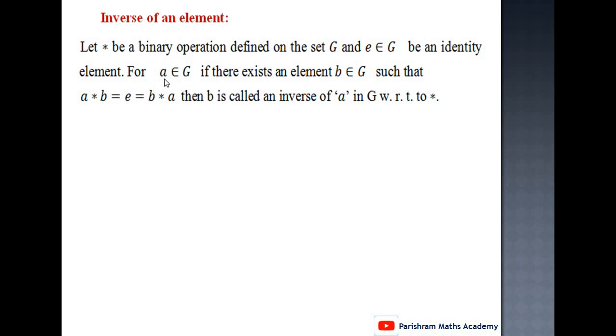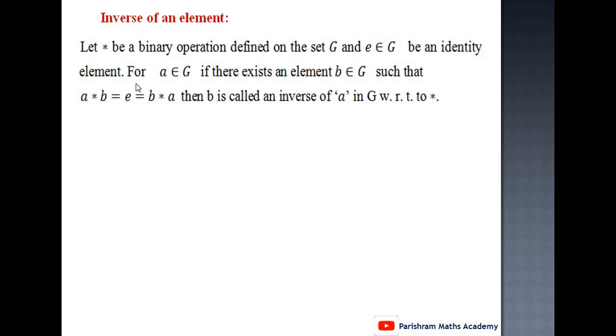Next, definition of inverse of an element. Let star be a binary operation defined on set G and e belongs to G be an identity element. For A belongs to G, if there exists an element B belongs to G such that A star B equal to e equal to B star A, then B is called the inverse of A in G with respect to binary operation star.